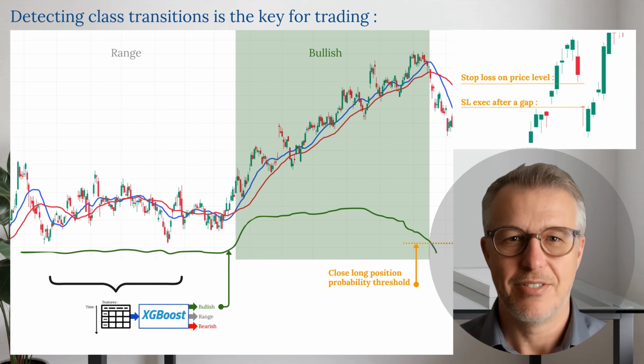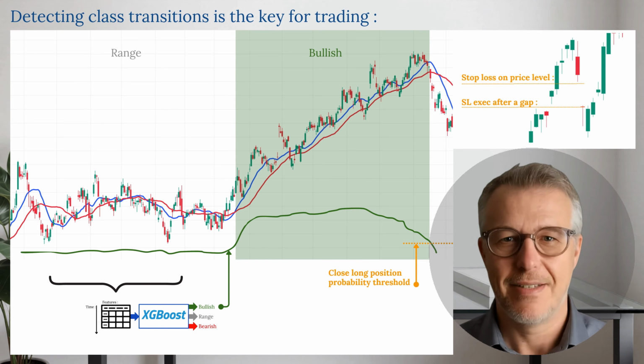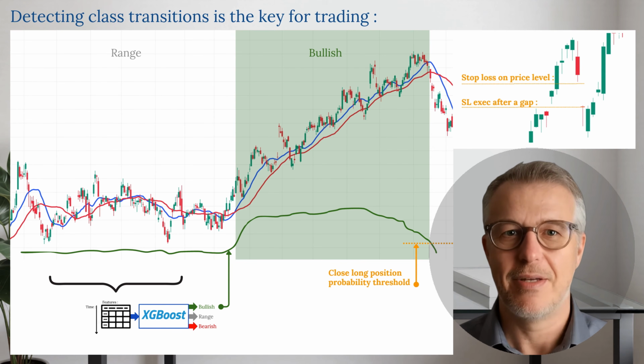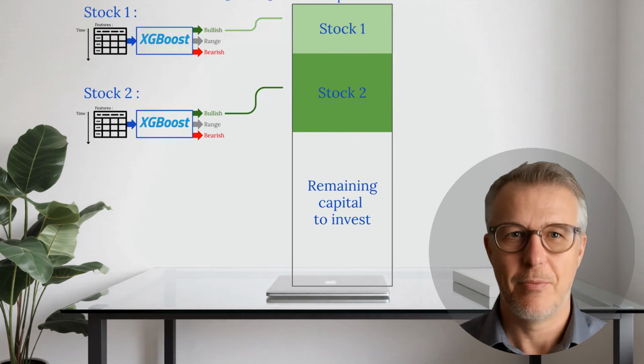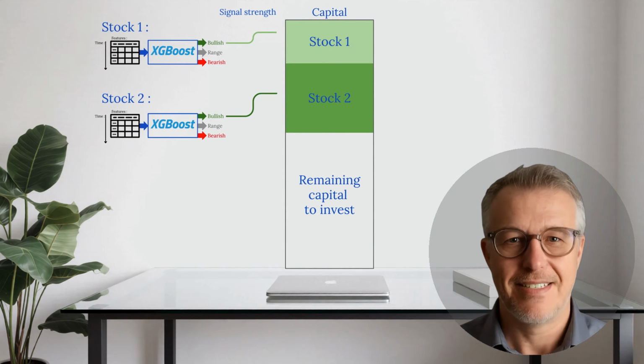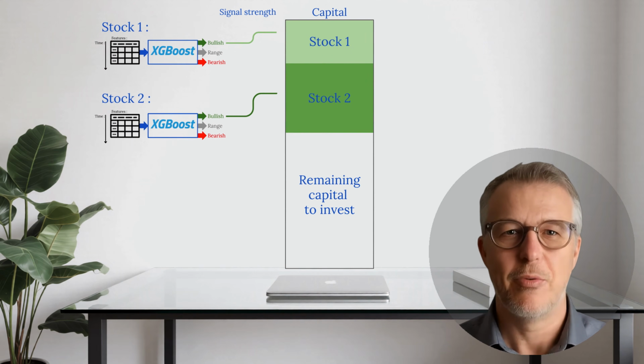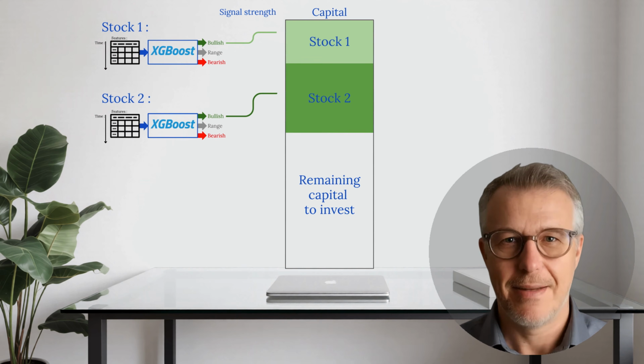In any case, for stocks, stop losses have limited effectiveness because of price gaps, and stops can be triggered at levels completely different from the ones initially set. Regarding risk management, in the system presented here, there is no traditional approach using fixed stop losses and take profits with a gain to loss ratio above 2.